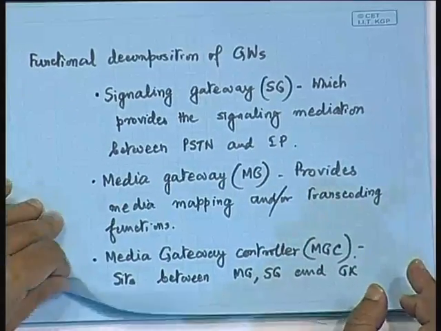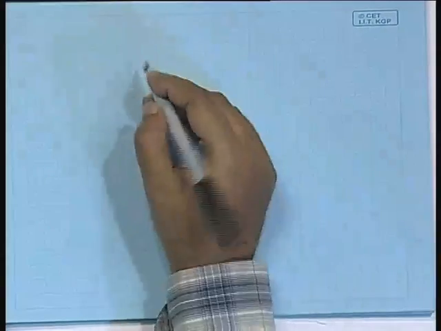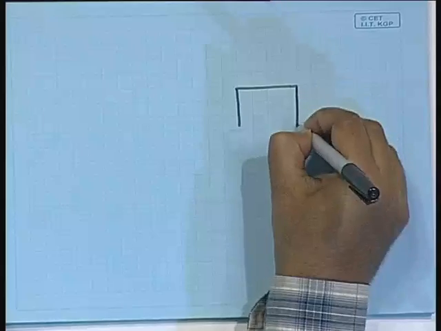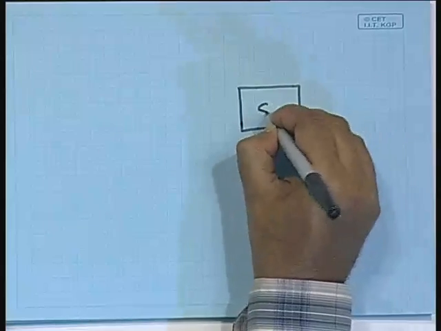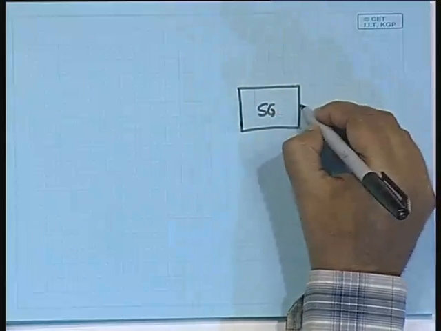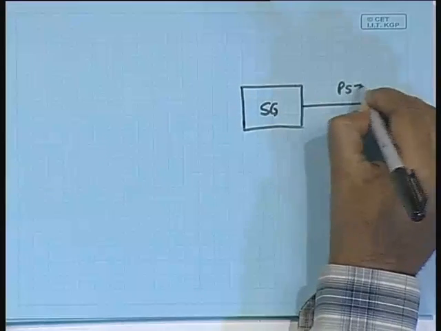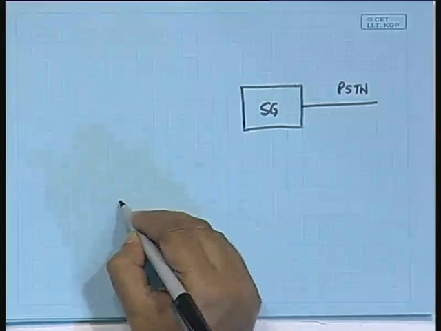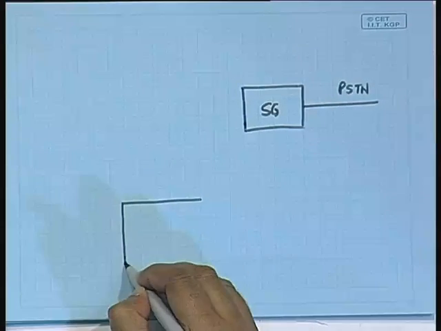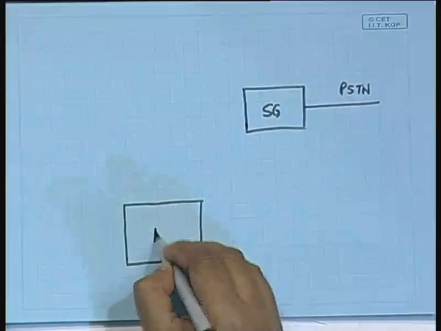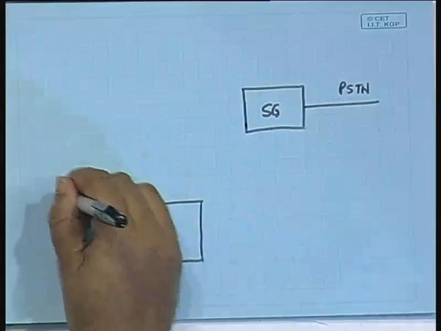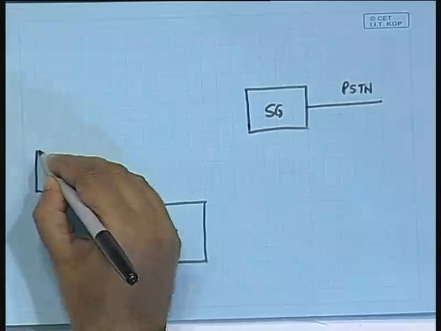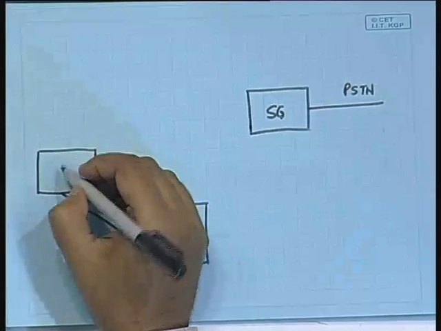And blockwise it would be something like this, that supposing we keep the signaling gateway or the SG over here. So, SG will have one link with the PSTN, and then we keep an MG, and that MG will be connected to the H.323 TE.